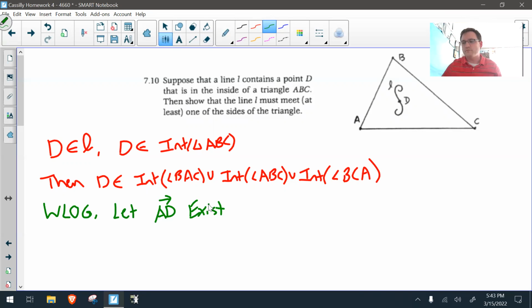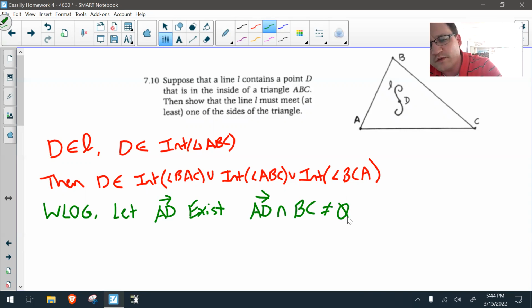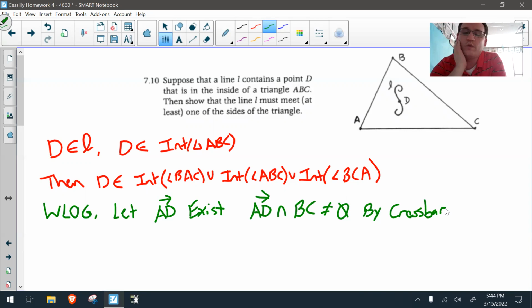Okay, so we know ray AD intersect BC is non-empty. We know this is non-empty by the crossbar theorem, by crossbar. Now we know ray AD exists, and AD intersect BC is non-empty by crossbar.